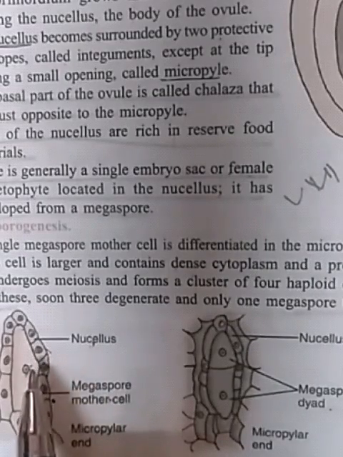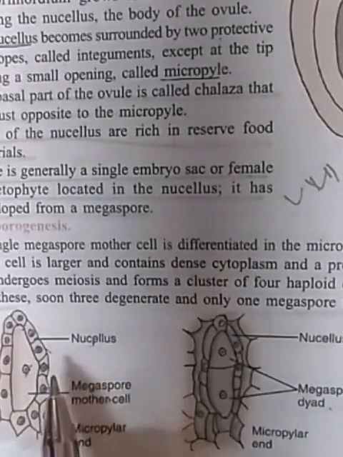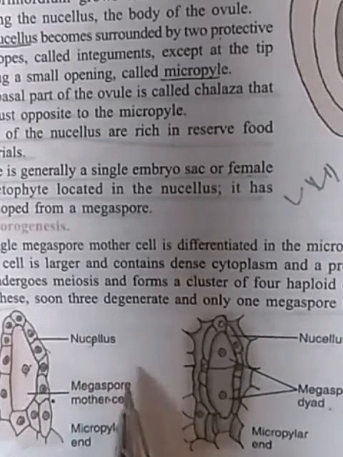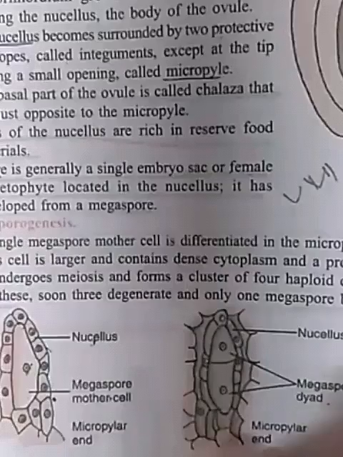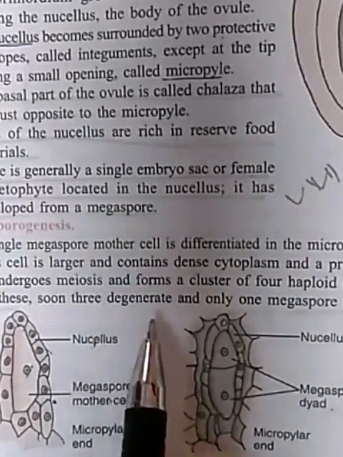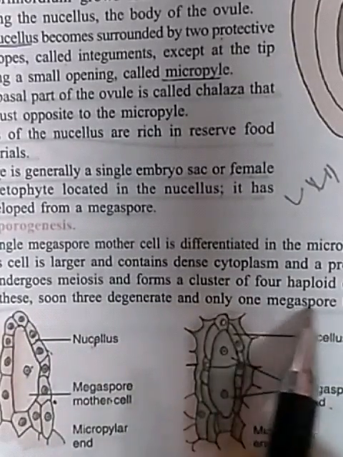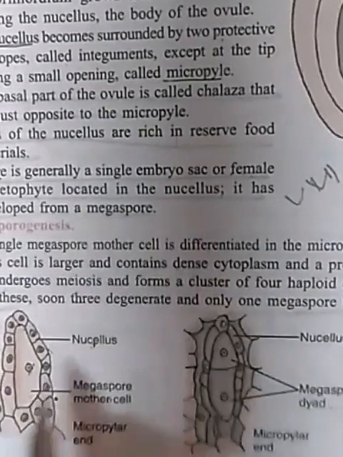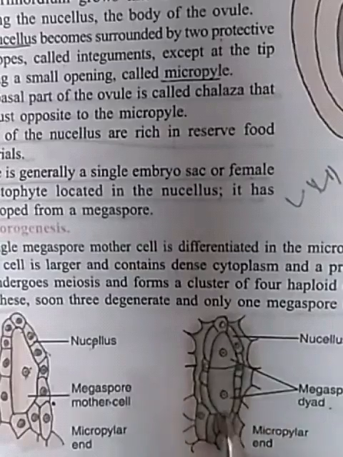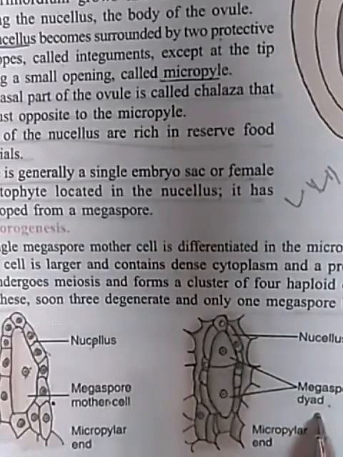It undergoes meiosis and forms a cluster of 4 haploid cells called the megaspore tetrad, like the microspore, as you have learned. Of these, soon 3 degenerate and only 1 megaspore remains functional. Here in the first meiotic division, there is the formation of the megaspore diad.